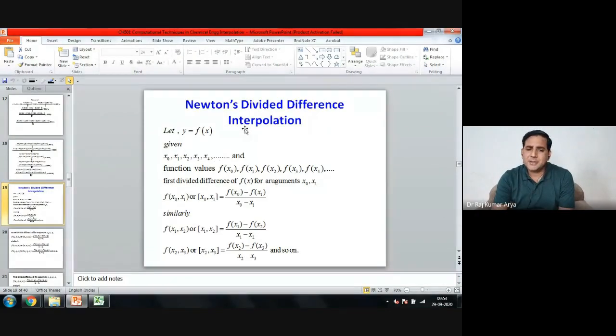Then the next one is Newton's divided difference interpolation. So this is also another technique. The divided difference is given first for arguments x0 and x1. You are just calculating the difference of two function values f0 and f1, and the difference in x values here.